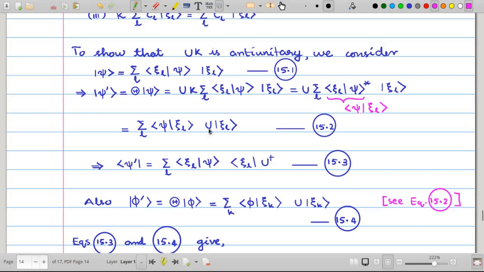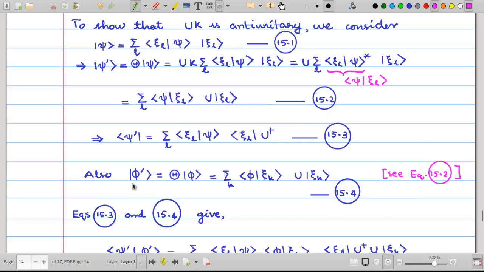Now similar to this, we can consider another vector phi, and the action of the time reversal operator on that ket phi. And we will get an equation similar to equation 15.2, and we will get the sum over k.